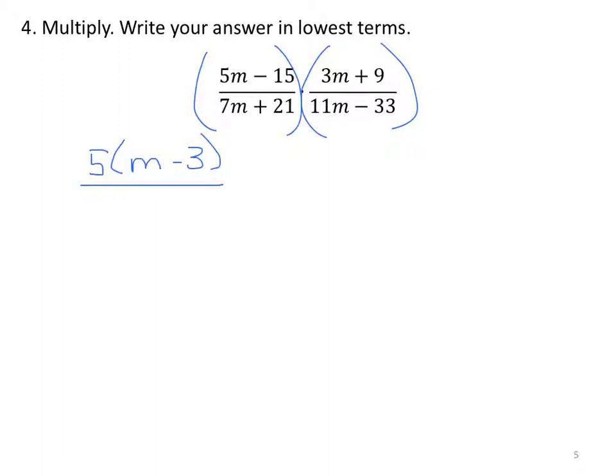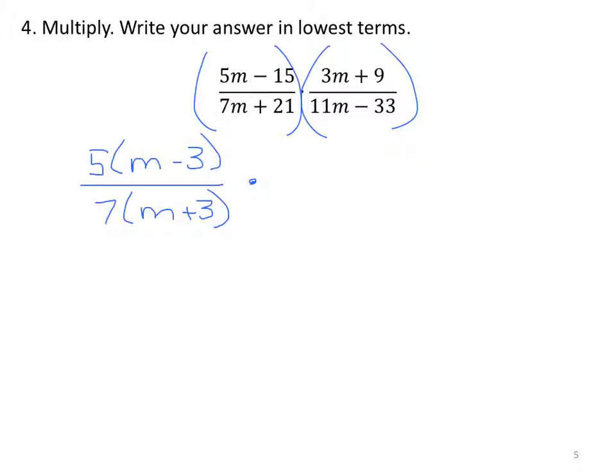The denominator has 7 times m plus 3. Now notice m minus 3 and m plus 3 are not opposites. The opposite of m minus 3 is 3 minus m. So you cannot cancel out m minus 3 and m plus 3.